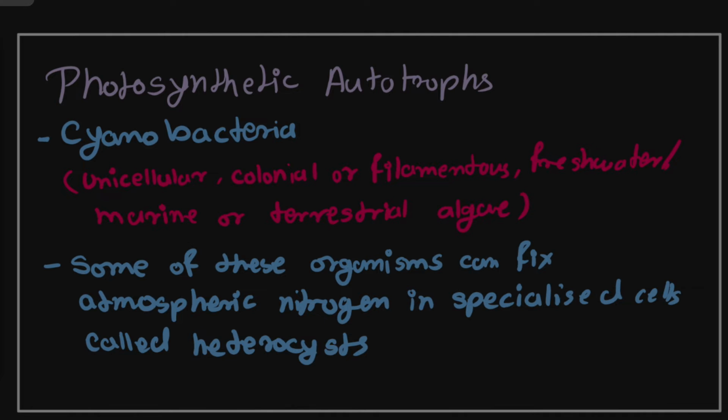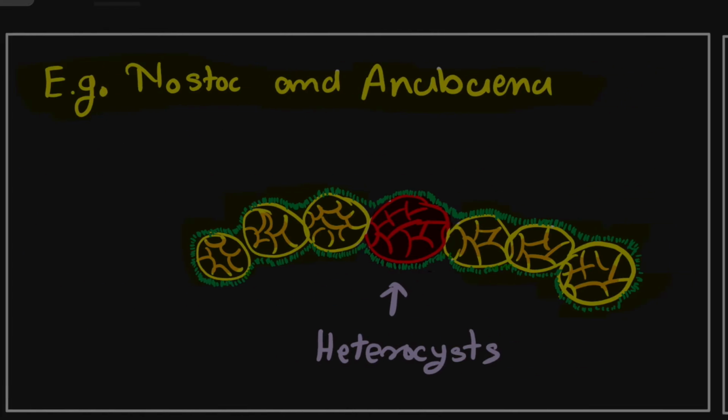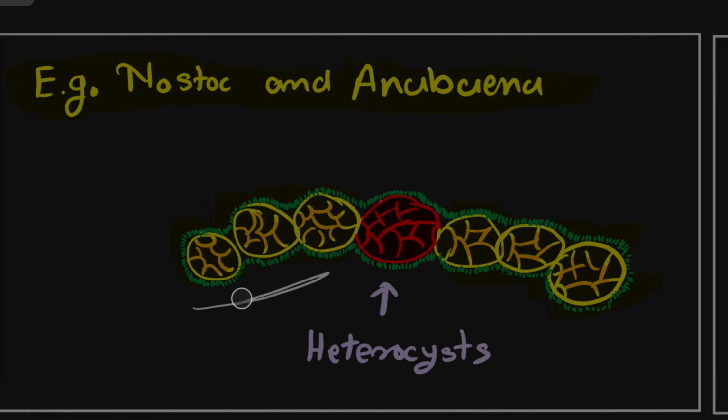Some of these organisms can fix atmospheric nitrogen in specialized cells called heterocysts. If we see this diagram, these cells can fix CO2 and this red colored cell can fix nitrogen. These are specialized cells where O2 oxygen cannot enter. That is important for fixation of nitrogen.